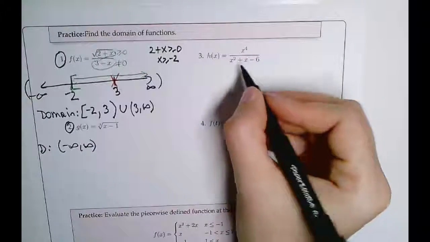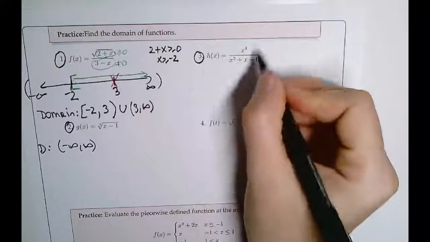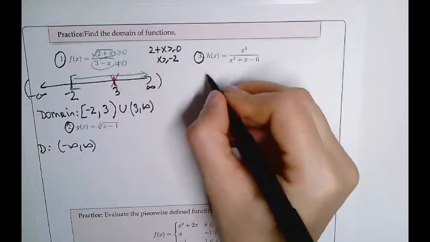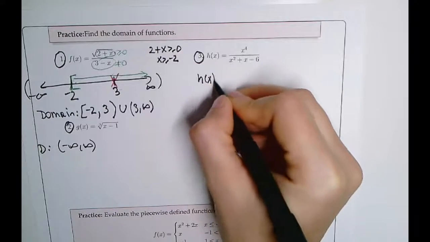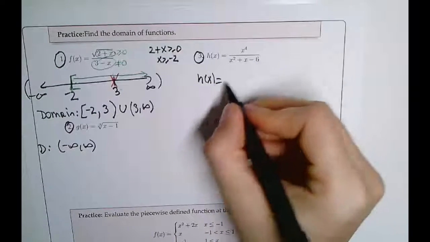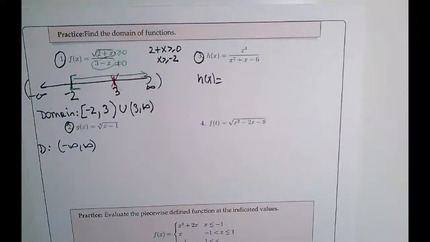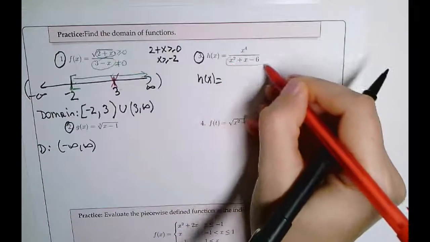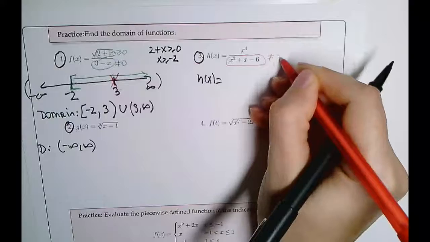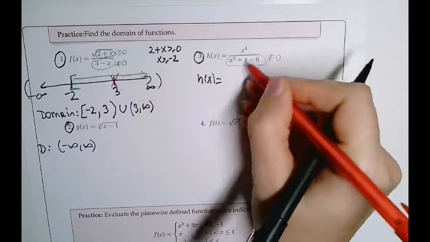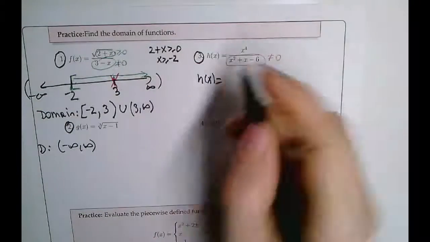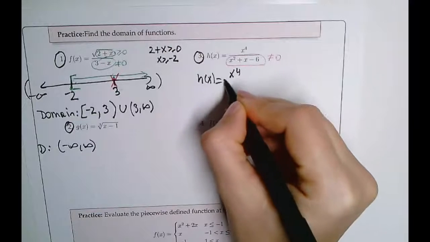What about this one? Number 3, again, we have a rational function. It's going to help if we factor, because the condition for a rational function is that the denominator cannot be 0. So I need to find the roots of this quadratic. So I can factor it.